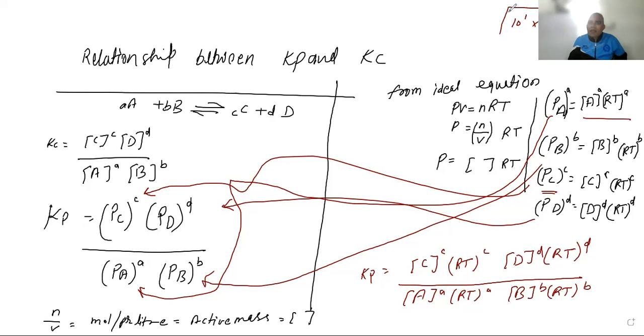So if I am having RT power c and RT power d, then c plus d will be added. So how can we write here? Kp is equal to C to the power c, D to the power d, here A to the power a, B to the power b. Then what is left? RT, I will add.